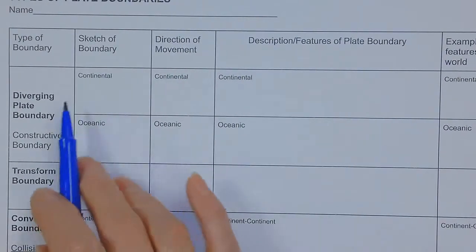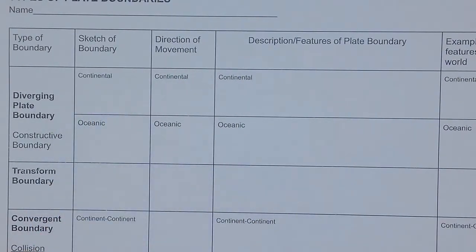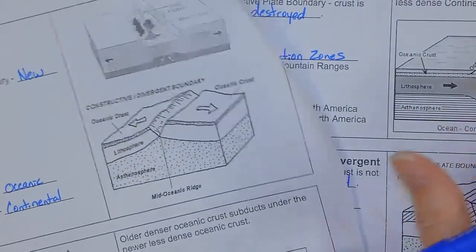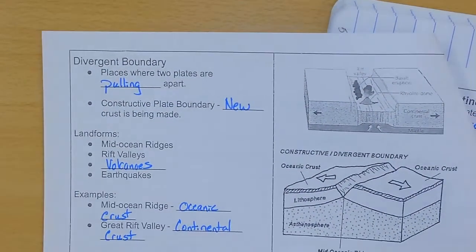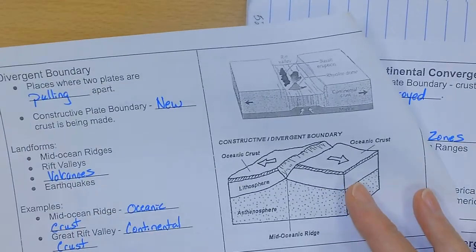So the first part says sketch the boundary. On this one, it's continental crust that is dividing away from each other. So if you'll open your notes to where it's talking about the divergent boundary, we know that they are pulling away from each other.